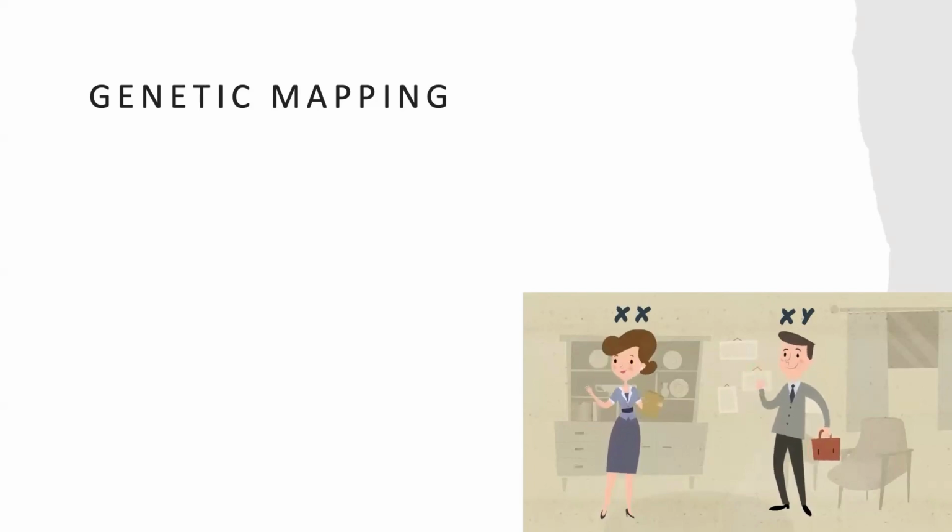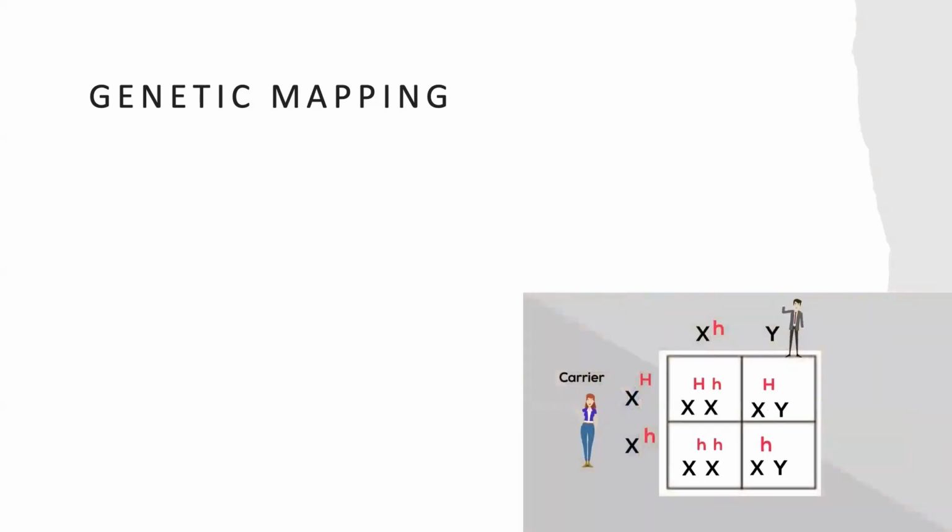If you look at a Punnett square, you can see that each child of a carrier will have a 50% chance of inheriting their mother's mutation, of being a hemophiliac son or a carrier daughter. The daughter of a male hemophiliac will always inherit his mutation, while the son cannot ever inherit it if the mother is not a carrier nor has the disease.